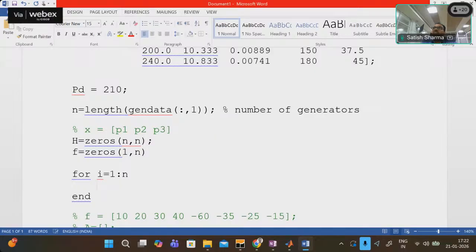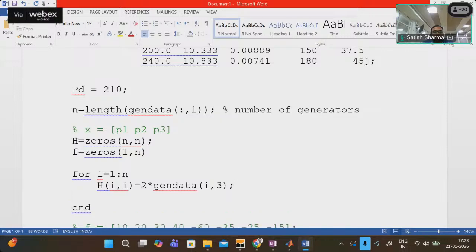Then what should I first of all create? H, let's say I comma I, and that will be equals to twice of whatever gen data we have, and then whatever I comma, and the generated data is basically at the third location, so we will put that third location here. So this is basically the H value that will go into our quadprog function.